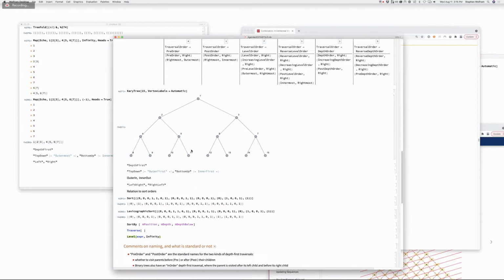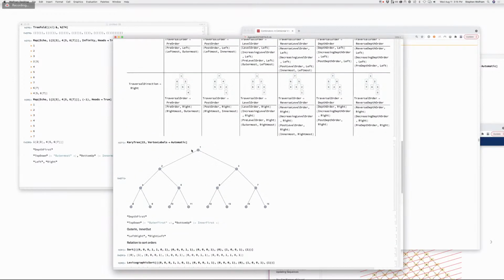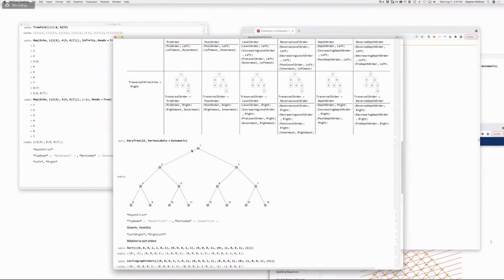Okay, let's go back up here and look at these. So one thing that's still bothering me is the fact that when we have a list of traversal order specifications, it matters what order the traversal order specifications are in. Do you get what I'm saying? That's a possible notation.